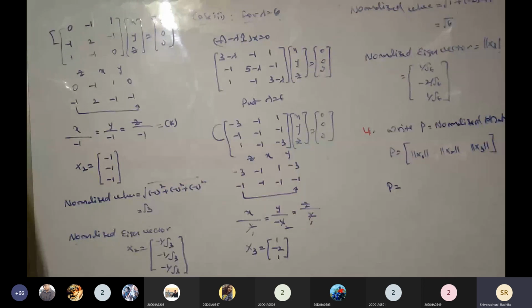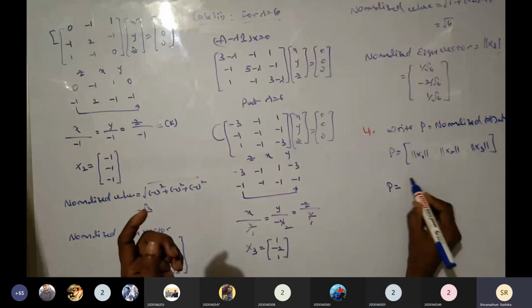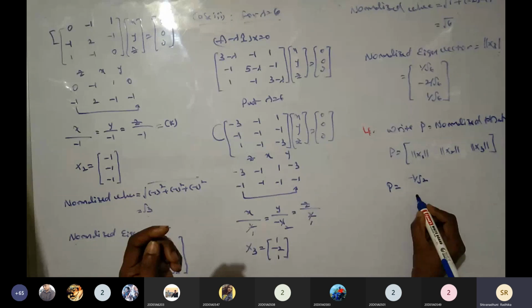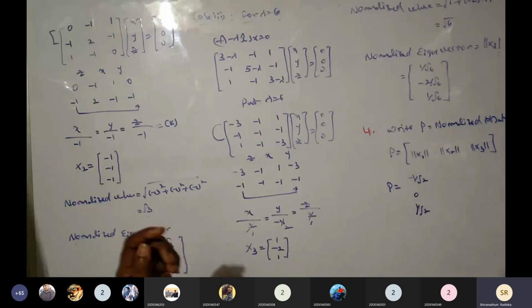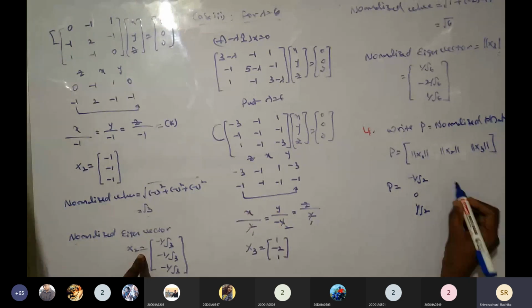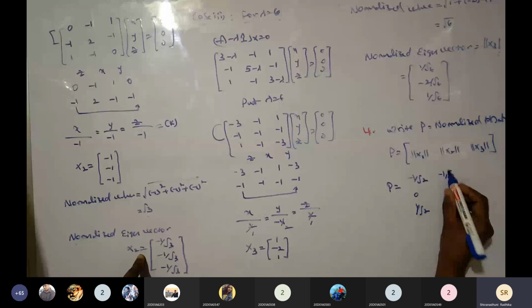Now I'm going to write capital P equals the first one. Does anyone remember the first one? What is it? The eigenvalue was 2. So the first eigenvector is minus 1 by root 2, 0, 1 by root 2. Clear? Next, the x2 normalized eigenvector is minus 1 by root 3, minus 1 by root 3, minus 1 by root 3.